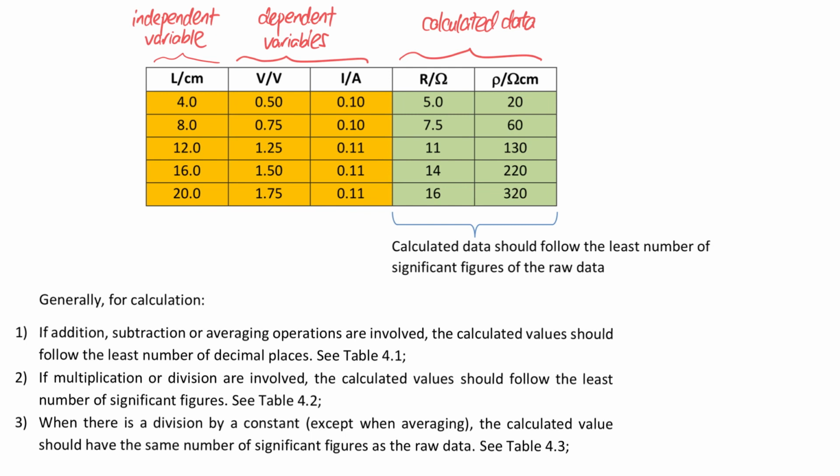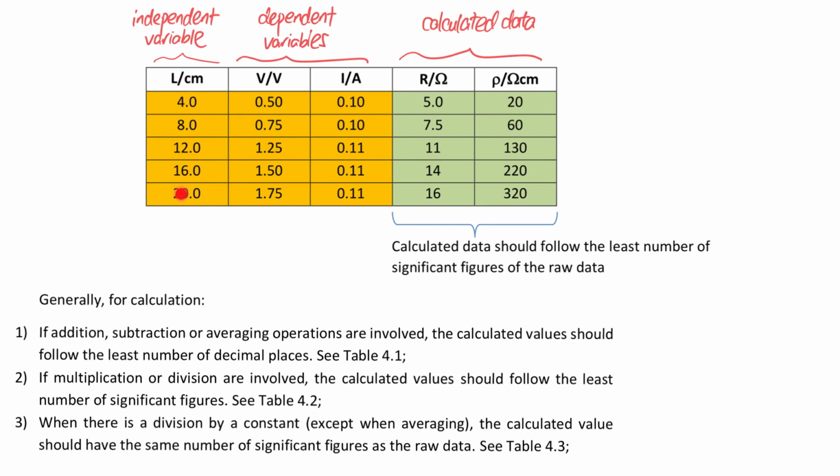After that, you put the setup aside, and then you continue to do the calculated values. A few things to take note of: like I said, for the raw data here, you have to follow the precision of the instrument unless otherwise stated. So it must be consistent. For example, can you see the precision of the ruler used is 0.1 cm. So if it's 4 cm, you still have to write 4.0. So be consistent.